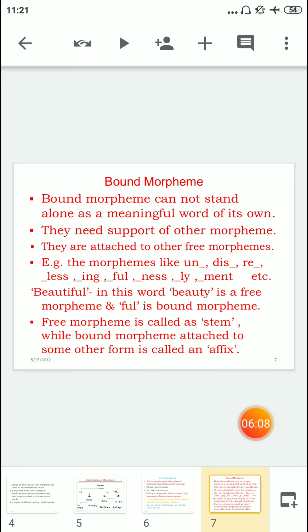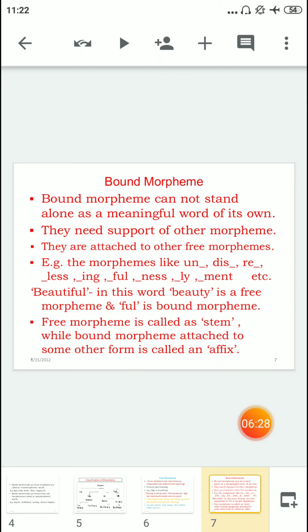For example, morphemes like un, dis, re, less, ing, full, ness, ly, and ment, etc. There are many, these are just examples. For example, there is a word beautiful.